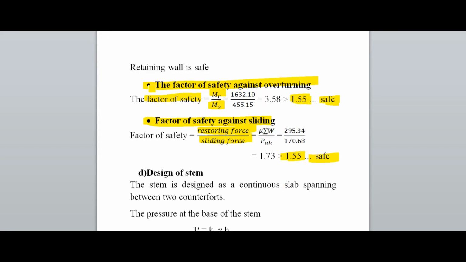If these two criteria fail, we have to change the dimensions of the retaining wall. For sliding, you can use a shear key in the retaining wall if it fails, but here we found it safe, so we do not require a change in dimension or a shear key. Okay. Now we are starting the design.